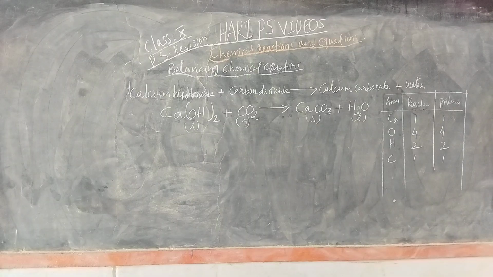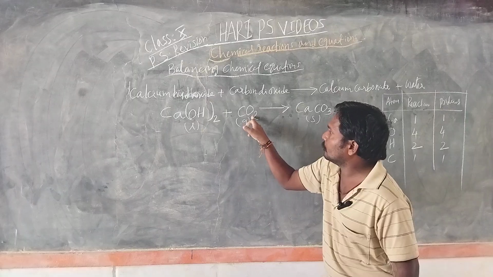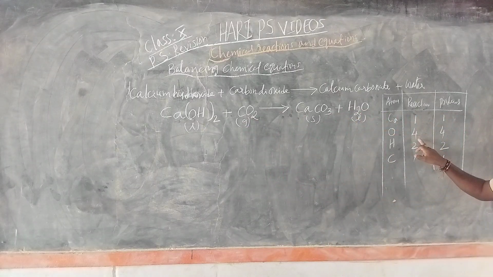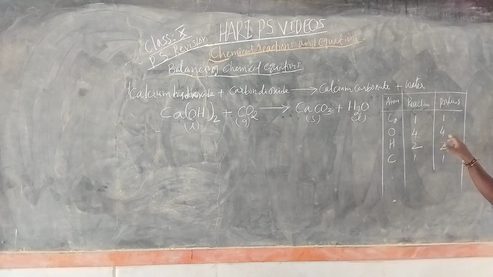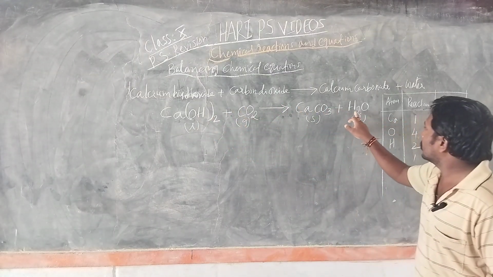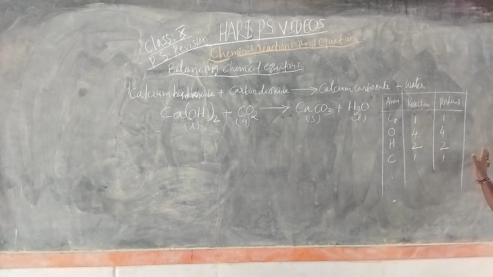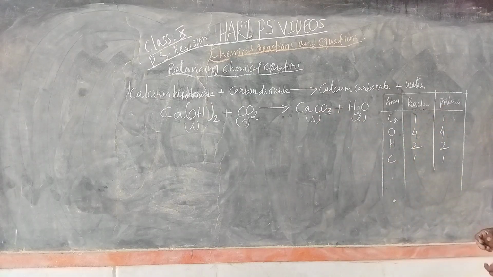So reactant side 1 calcium, product side 1 calcium. Then 2 plus 2, 4 oxygens, and 3 plus 1, 4 oxygens. Hydrogens: 2 here, 2 here. Then carbon: 1 carbon here, also 1 carbon here.